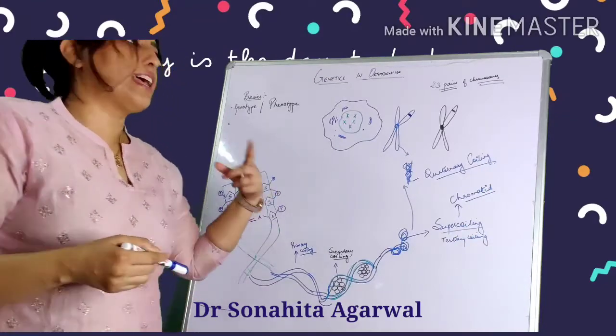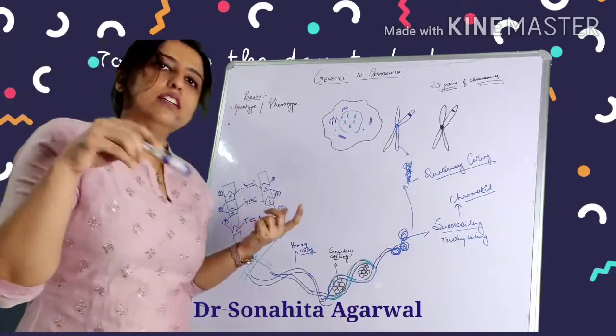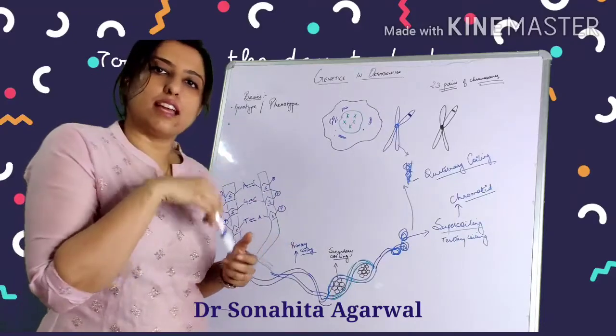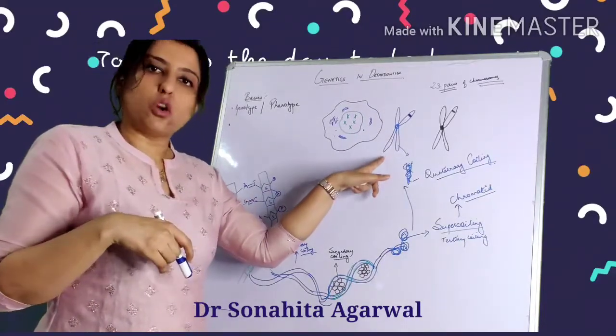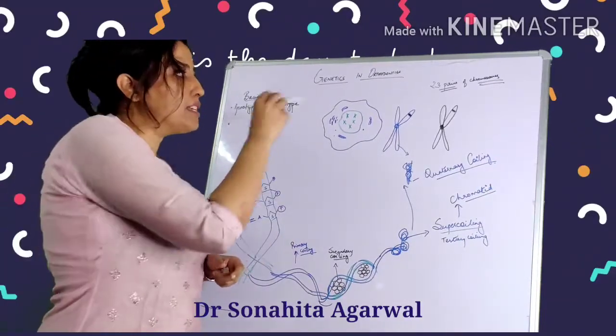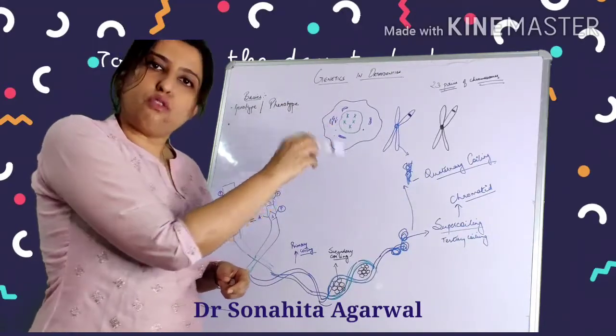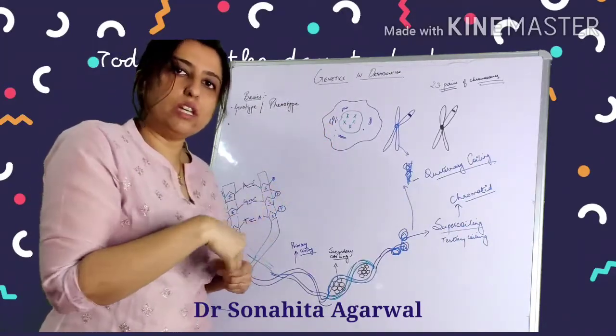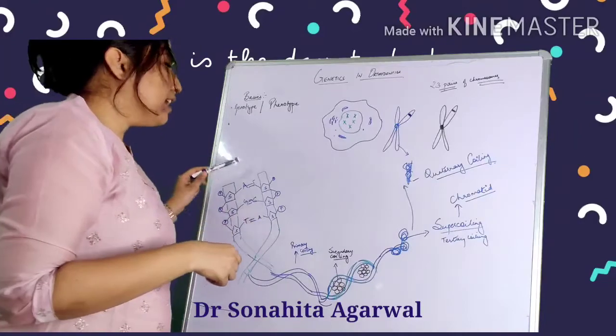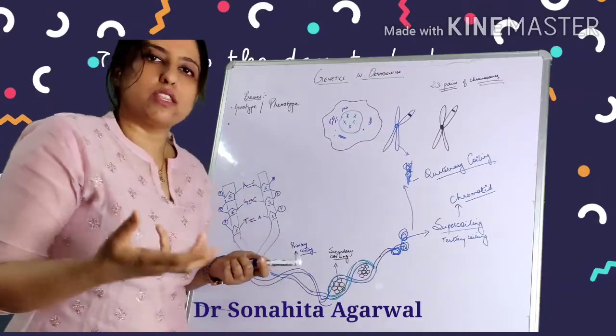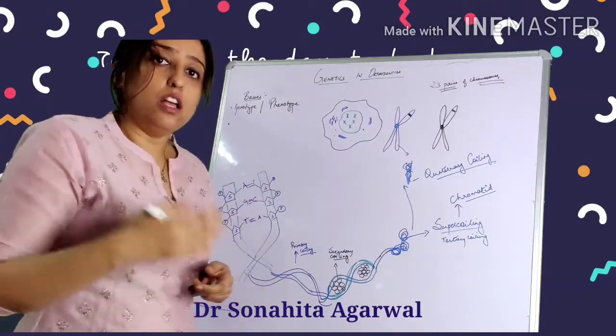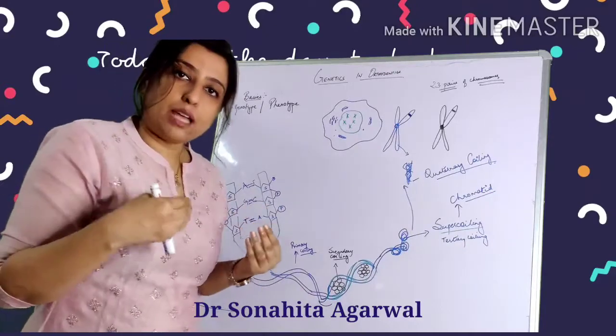Basics, we know that a cell has a nucleus and all the genetic material is contained in that nucleus in the form of a chromosome. Now, how does DNA come about to form a chromosome is what we are going to learn today. So DNA is the blueprint, the genetic makeup of an individual. It forms the genotype.